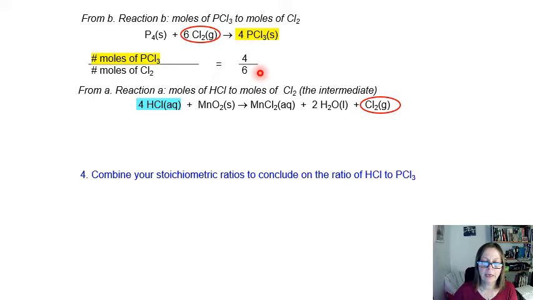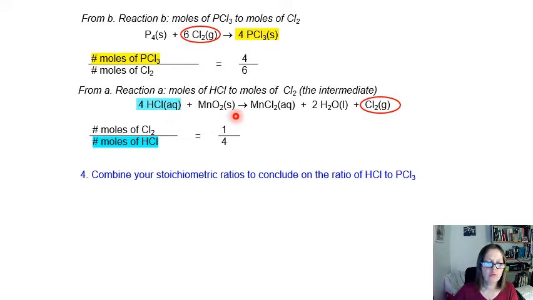Now we are looking at our next equation. We can write a stoichiometric ratio with the moles of chlorine over the moles of what we know. Remember, we always want to put at the bottom what we know. So the stoichiometric ratio here is 1/4.